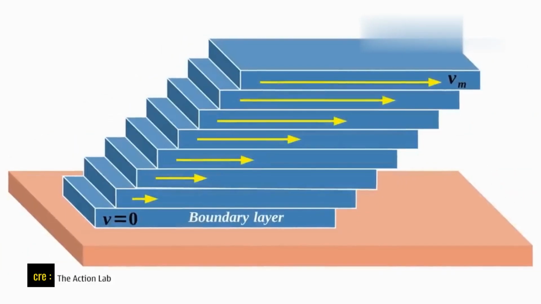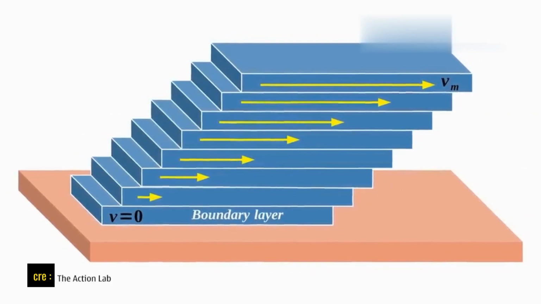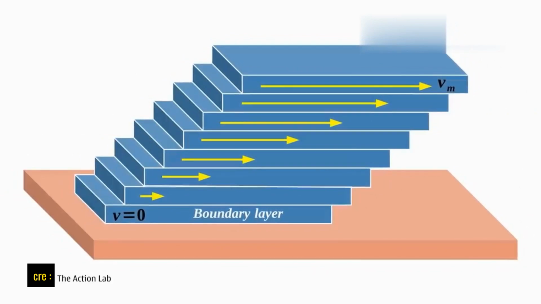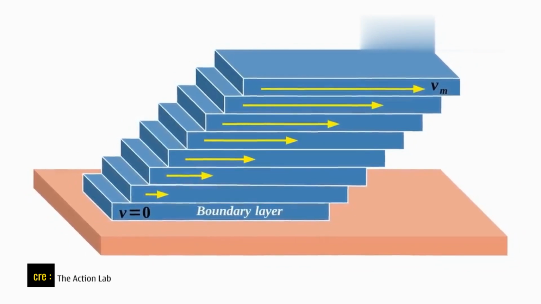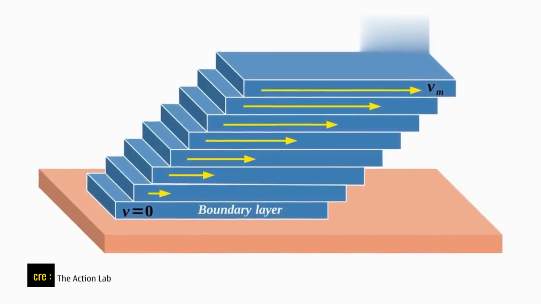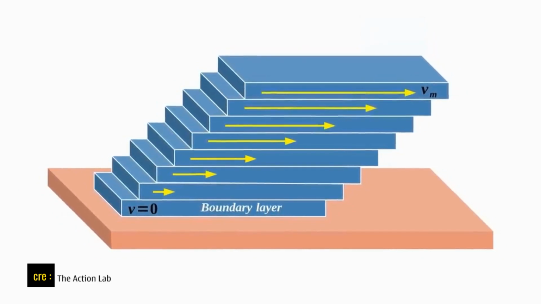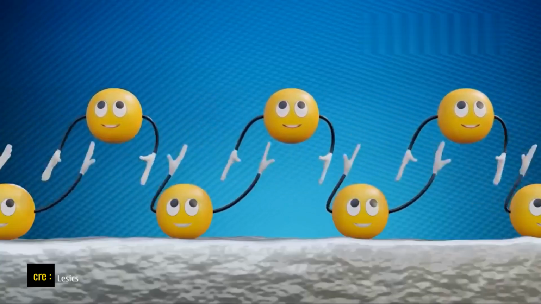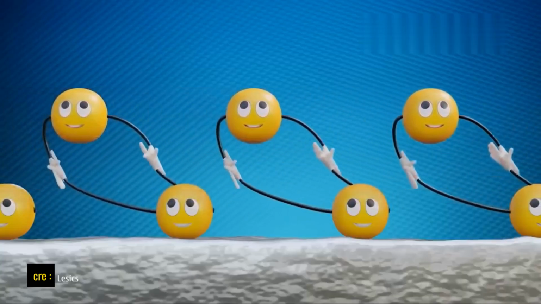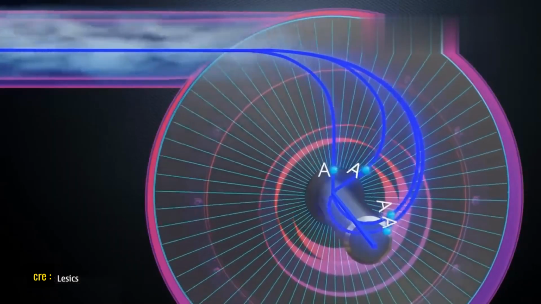As a result, the velocity of the liquid layer near the solid surface decreases and becomes equal to the velocity of the solid surface, meaning zero if the solid surface is stationary. Moving away from the liquid-solid interface, the velocity of the liquid layers progressively increases until it returns to the velocity of the flowing stream. Thanks to the adhesion between the layers of fluid and between the fluid layer and the solid surface, the disk is pulled along by the flow of the fluid and accelerates rapidly.